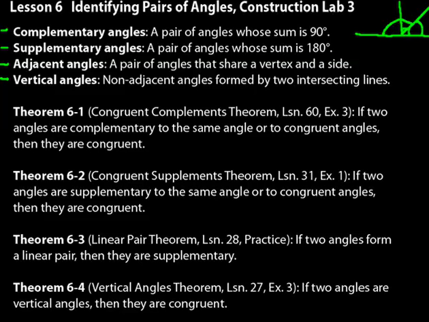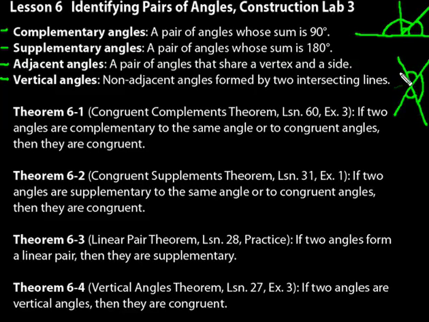Now vertical angles, let's think about those. Let's draw two intersecting lines. And so those would be non-adjacent angles, like this one here and this one here. Those are vertical angles. Another way to think of them is opposite angles. I don't know why they use the word vertical because they're not straight up and down from each other, but opposite angles works as well.